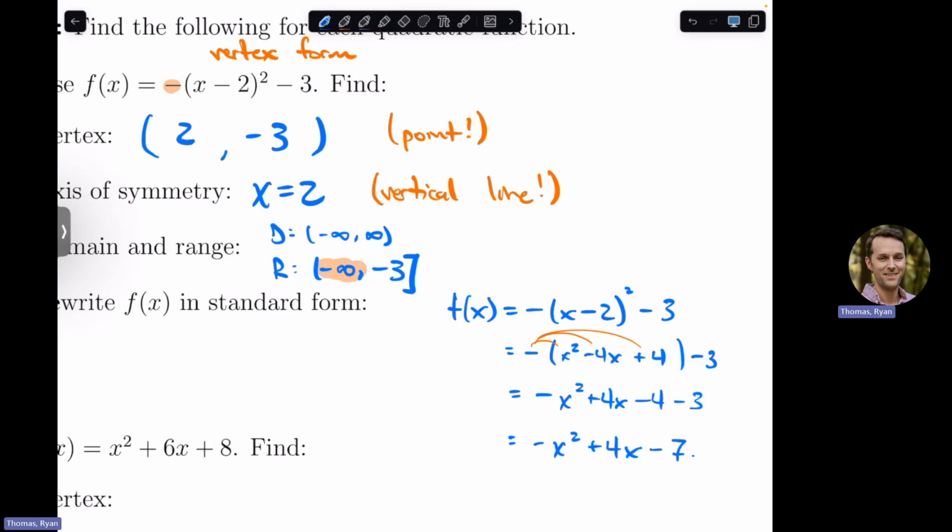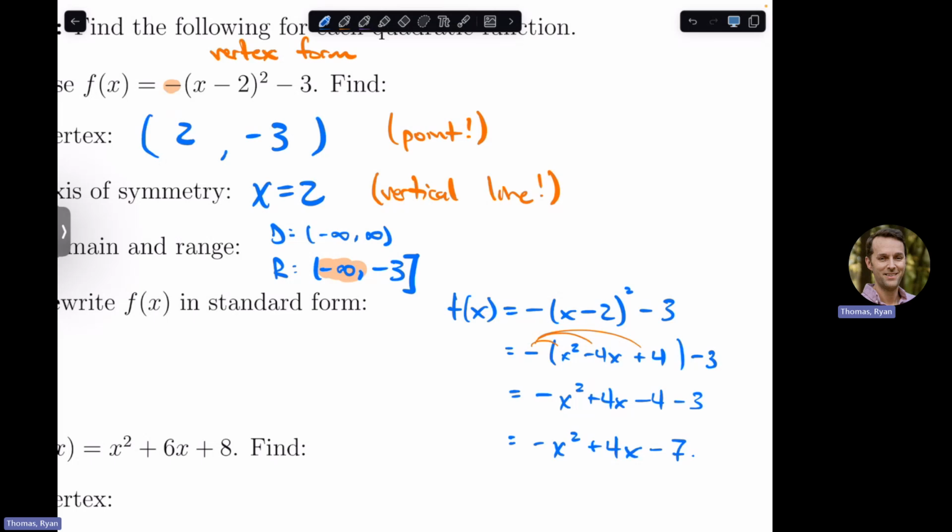But the one other thing that we talked about is the fact that this opens down. How can I tell that from here? That negative out in front of the whole thing. Just like with slope of lines, positive slope means going up, negative slope means going down. Same thing is true here. The leading term, the biggest one, its sign is always going to tell you about the final behavior.